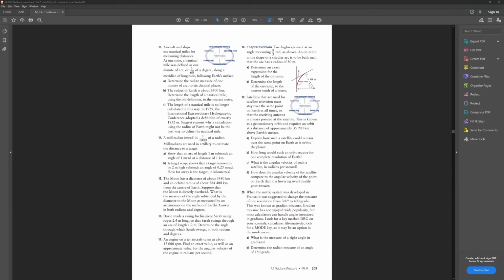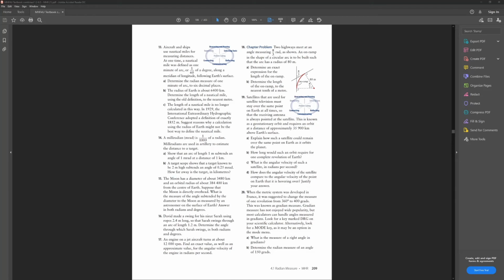Okay, so all we have to do here is just convert it using the radian measure that we found in part A. We're going to multiply 6,400 kilometers, which is 6,400,000 meters, by 0.000291, and we get approximately 1862, so 1,862 meters.